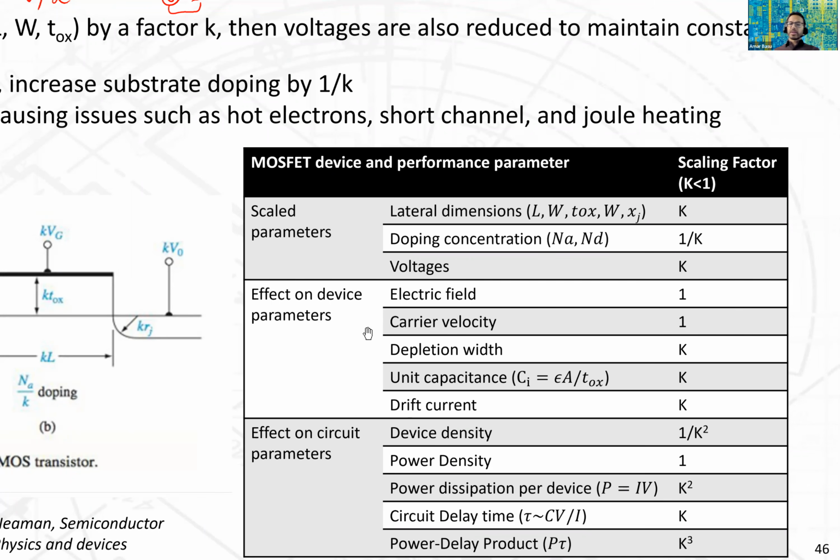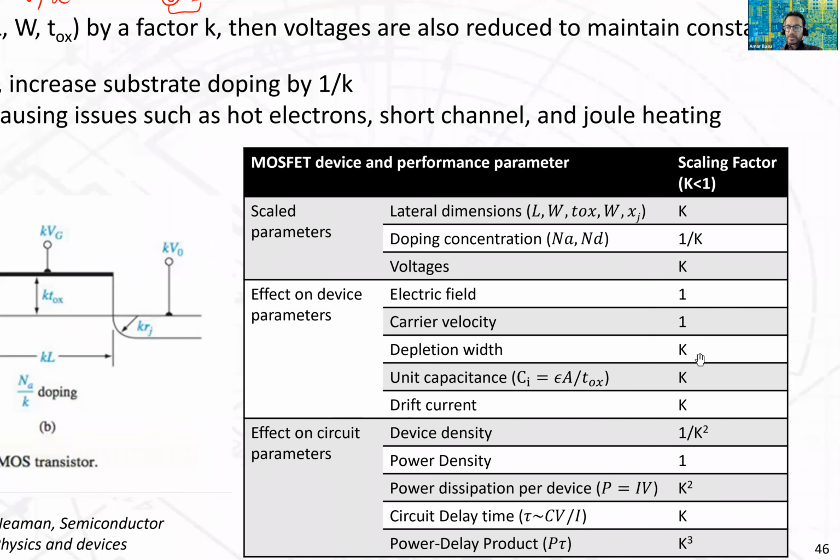Your carrier velocities would also remain constant, because these are drift currents, so the carrier velocity is determined by the electric field.